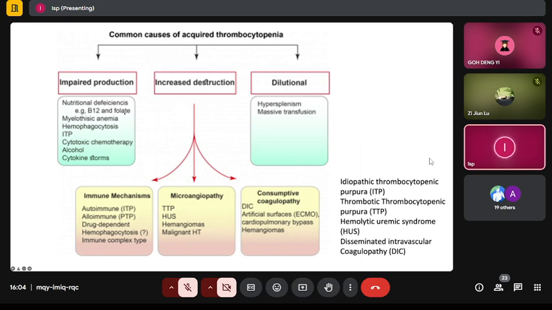Commonly, it's due to vitamin deficiency, B12 and folate. And you have immune thrombocytopenic purpura. It's an idiopathic cause. Some patients just have a sudden production of antibody against their platelets, causing low platelet count. Okay. You can get increased destruction due to consumption, due to infection, DIC, and also due to ITP or even drug-induced thrombocytopenia.